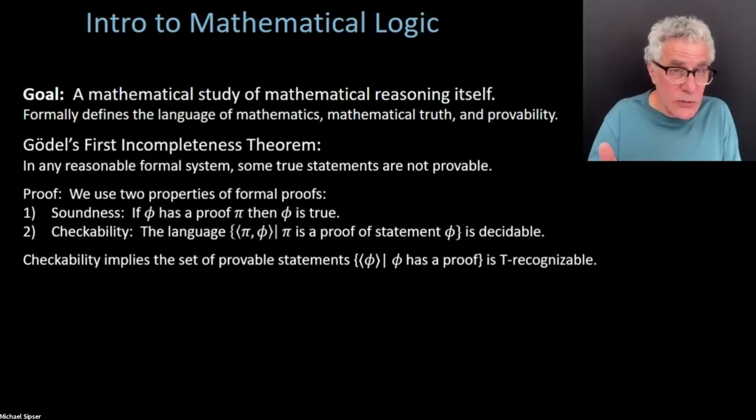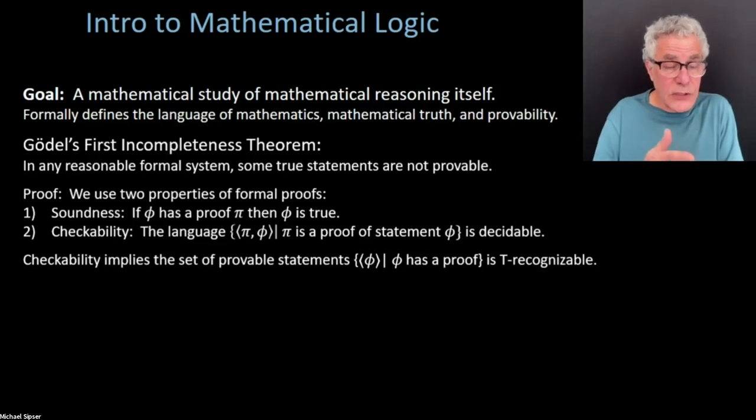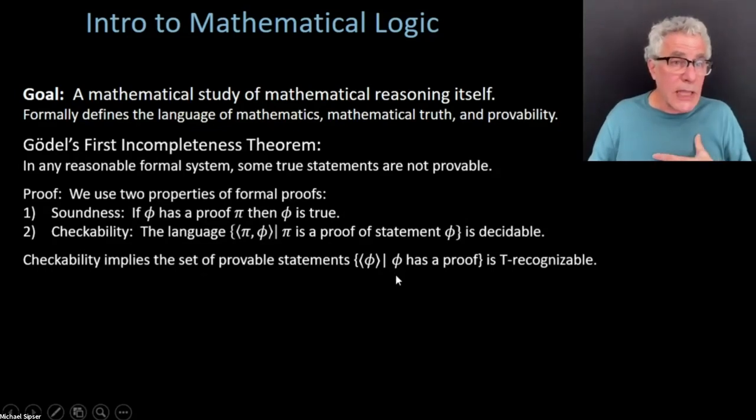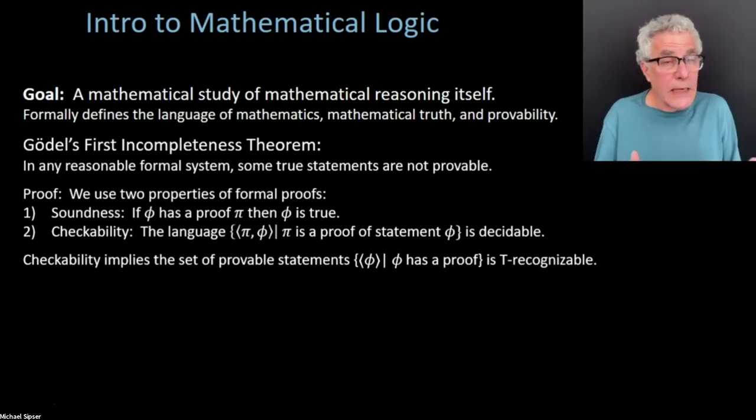Then you check if it is a valid proof of the statement I have in mind, and if it is, then I accept that statement. The input is a mathematical statement, and it's accepted if the machine, by looking through all possible proofs, finds one. So the collection of all statements that have a proof is recognizable.